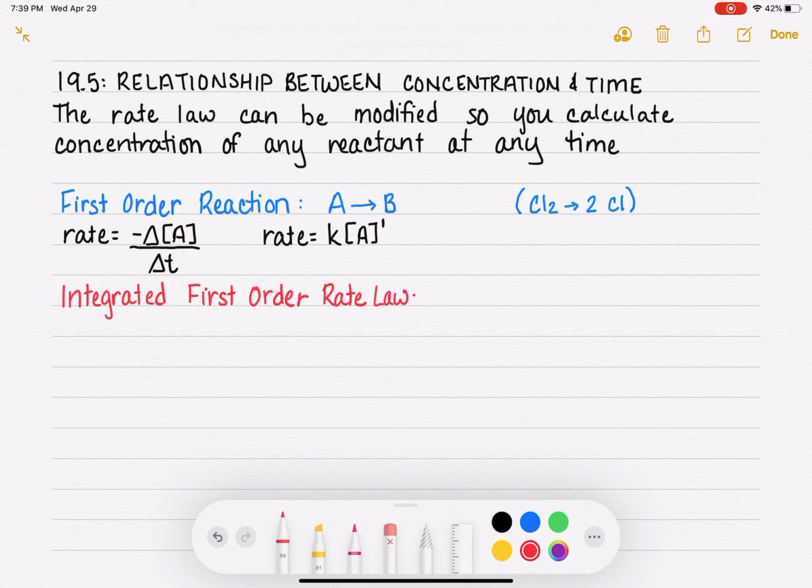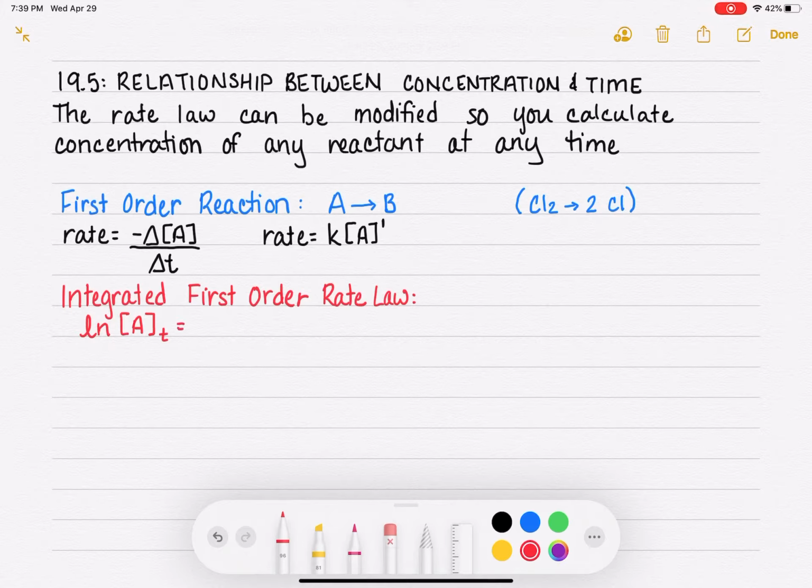The integrated first order rate law is the natural log of the concentration of A, our reactant, at any time. So that little t is representing whatever time that we want.